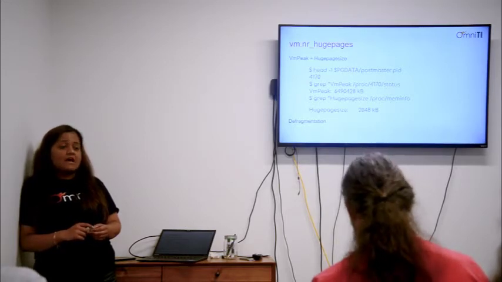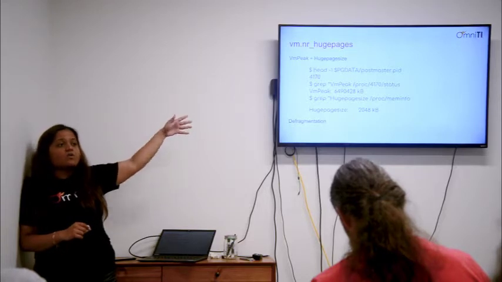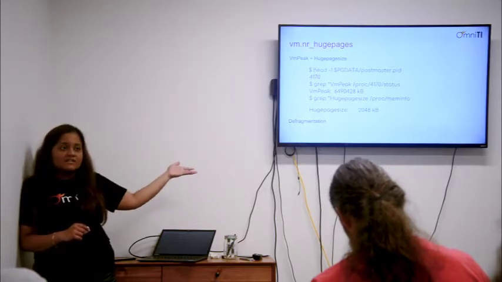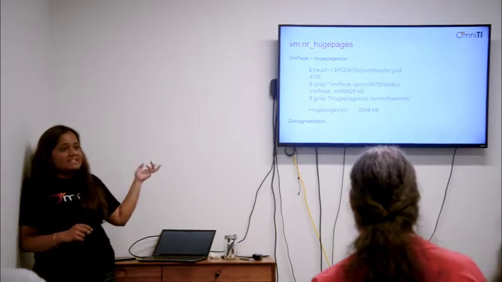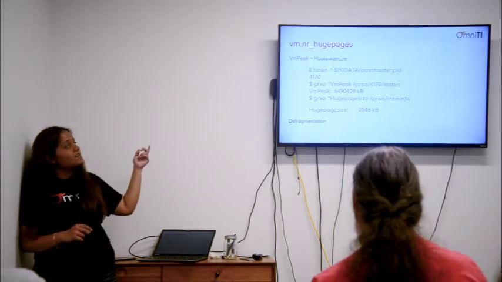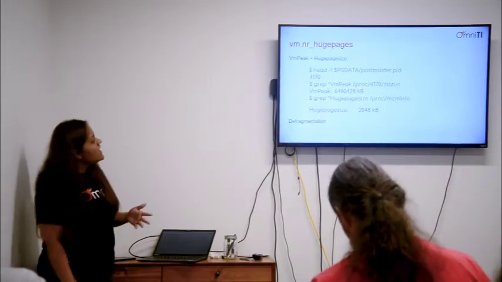That's great because now Postgres would no longer fail, even if the value in the kernel that you've set is too low. Postgres is going to try to use it, and if it can't, it's going to go back to not using huge pages. If you're using BSD, there is something very similar to this. It's called super pages. The concept is almost the same.